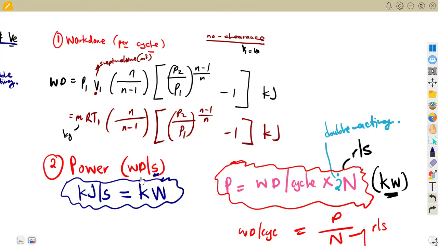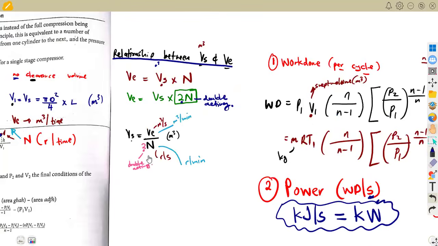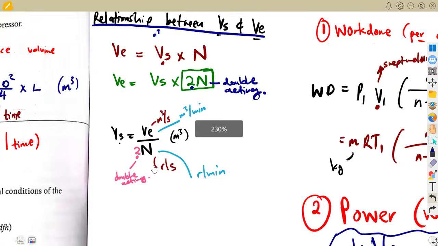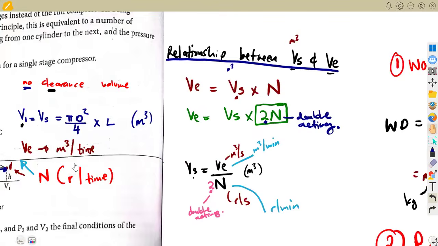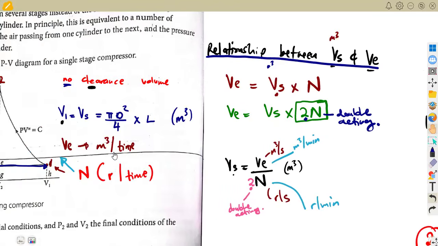It is the effective volume here. Remember what I said about the effective volume: it is measured per unit time.